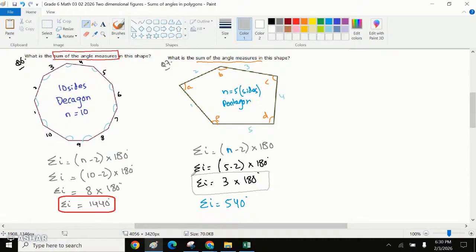Okay, Ashik, that's perfectly correct. What we are trying to do is find the total, the sum of the angles. So we have the formula n minus 2 into 180, where n is the number of sides. Good, Ashik.